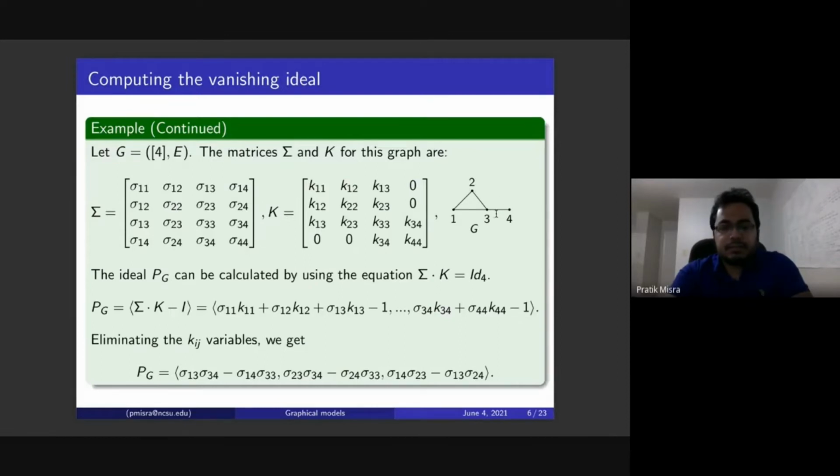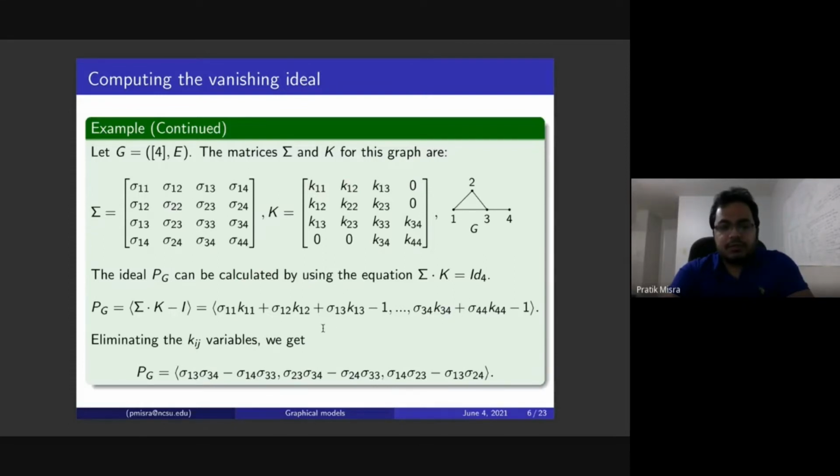Now, as I said on the previous page, the vanishing ideal can be calculated using the equation that sigma times K is identity. So we look at the matrix sigma times K minus identity, take all the entries of that, and perform a process of elimination. By eliminating the Kij variables, all we'll be left with are the variables sigma ij, and that gives us the vanishing ideal for this model.